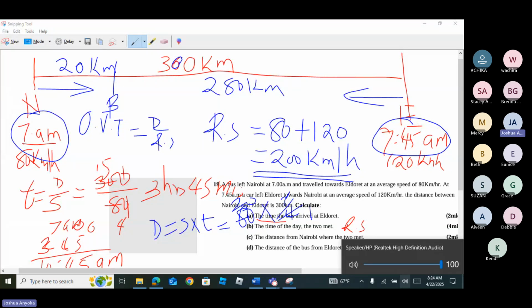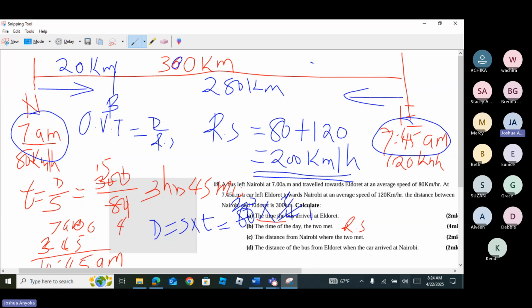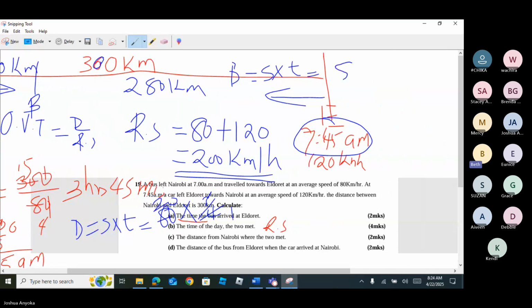What is the distance? Distance is equals to speed times time. Speed of the bus is 80 kilometers per hour. Time? 3/4. Oh, time is 45.